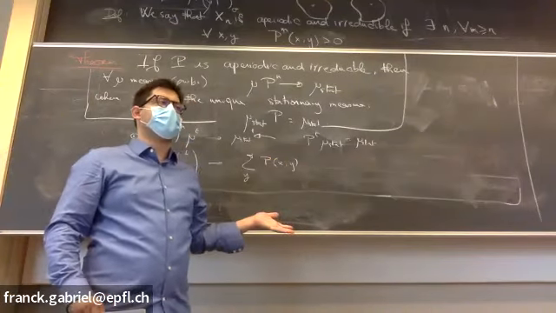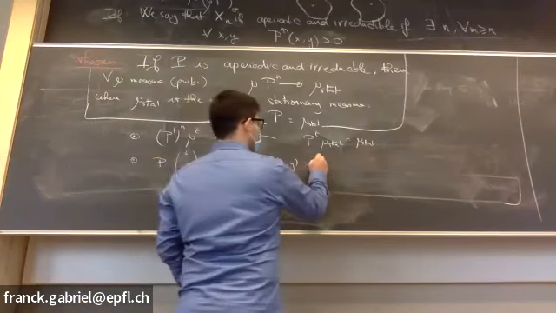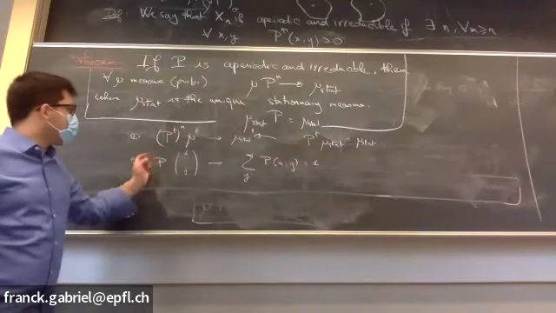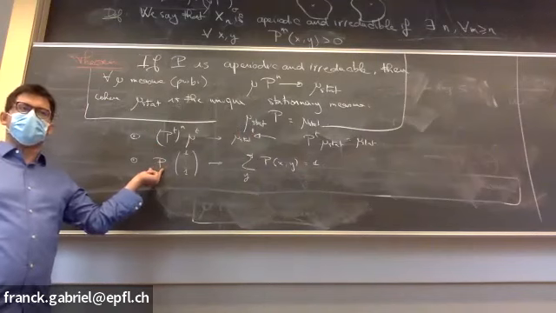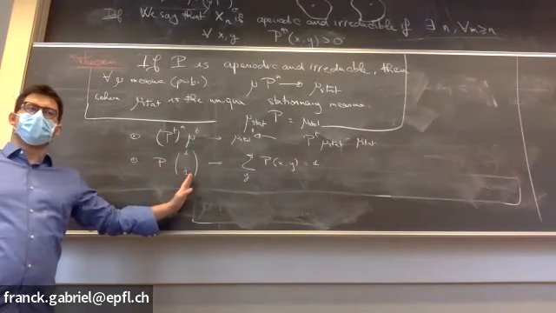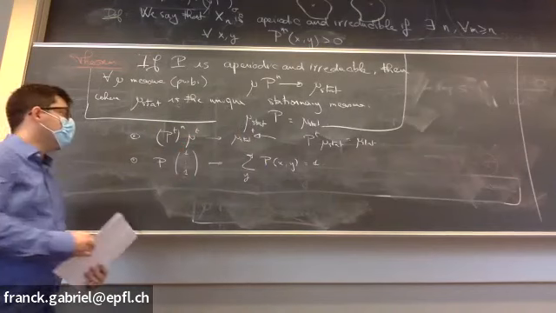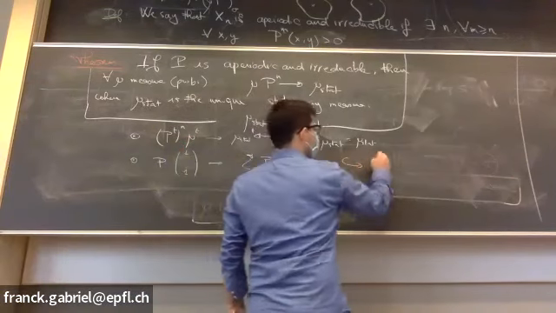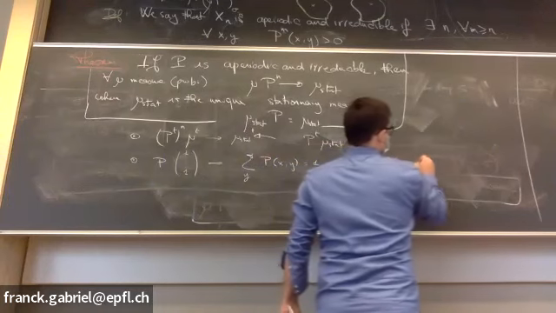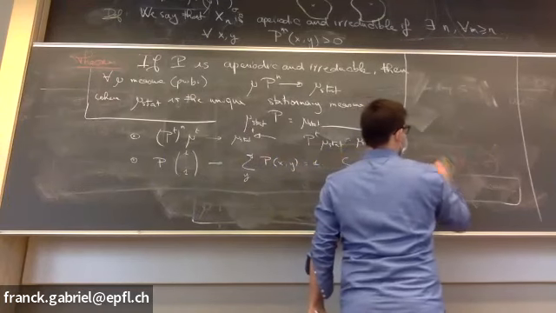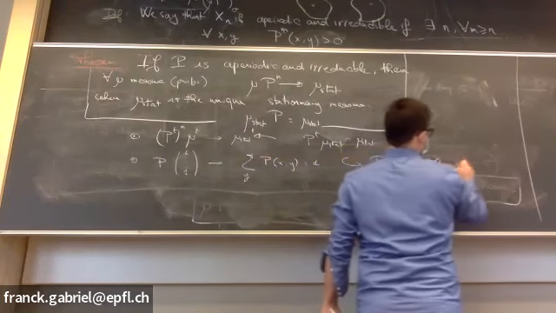So this must sum up to 1. So you see that because P is a transition matrix, the vector 1, 1, 1, 1 must be an eigenvector of P with eigenvalue 1. So P has eigenvalue 1.